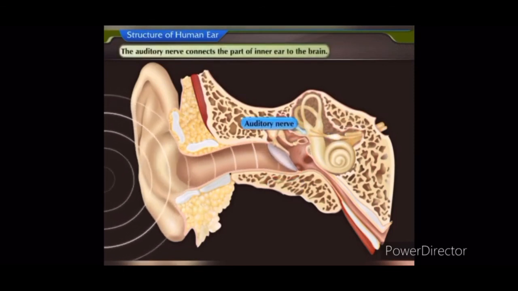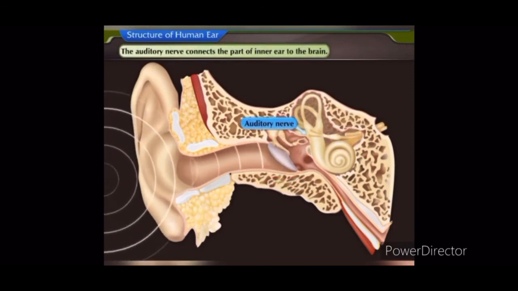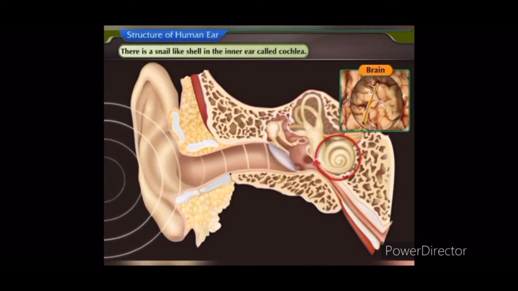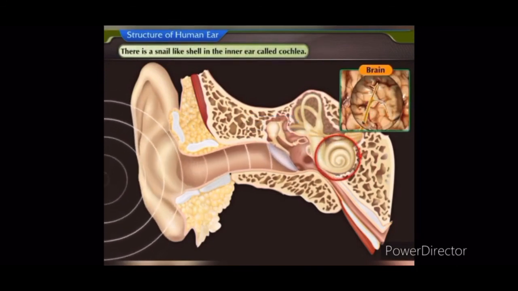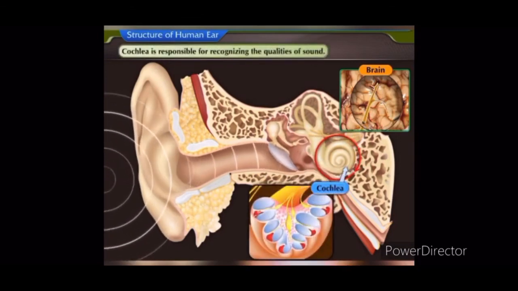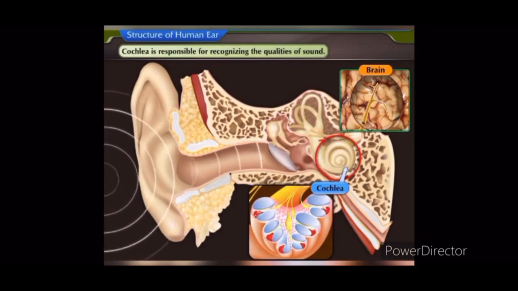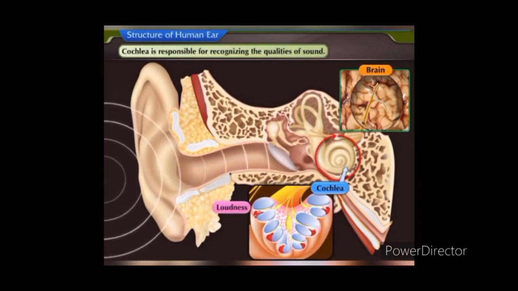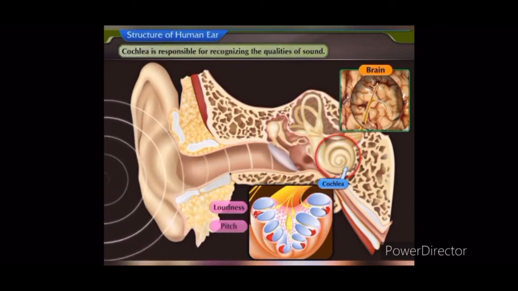The auditory nerve connects the inner ear to the brain. There is a snail-like shell in the inner ear called the cochlea. The cochlea is responsible for recognizing the qualities of sound, that is, loudness and pitch.